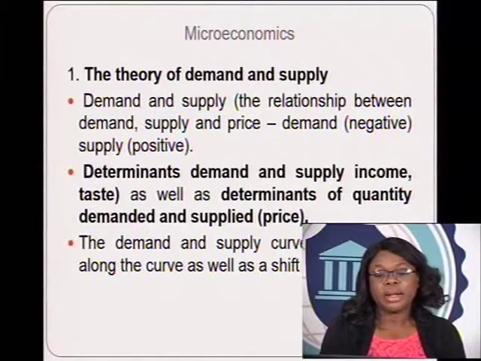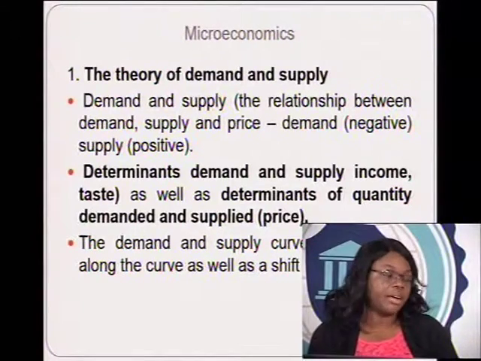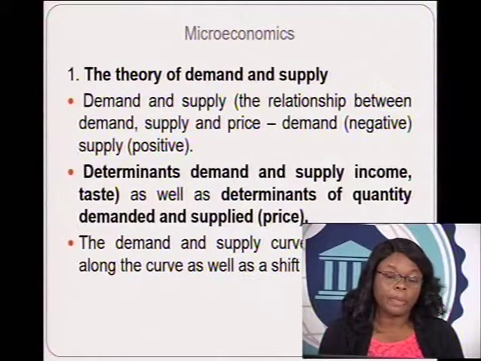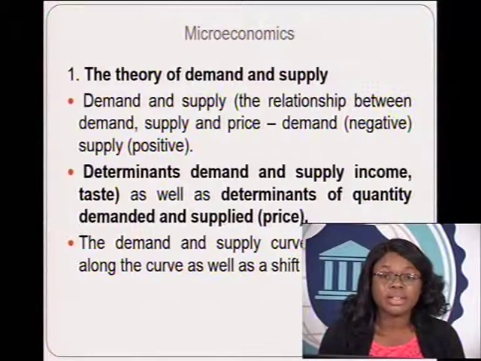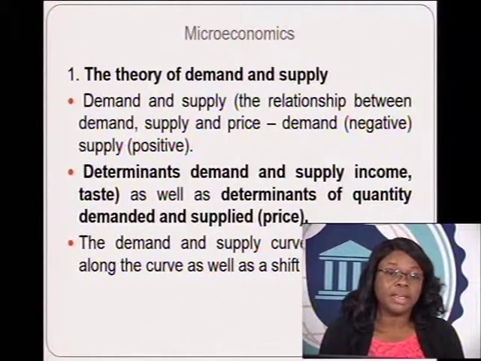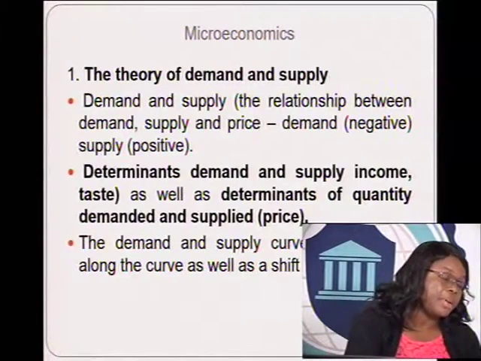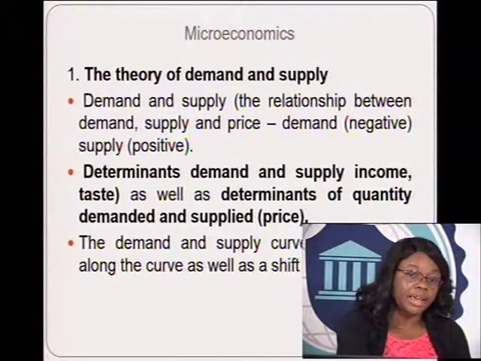Now, the demand and supply curves, which I drew a while ago, we have movements along these curves. A movement along the demand or the supply curve is determined by price. For example, this is the supply curve.